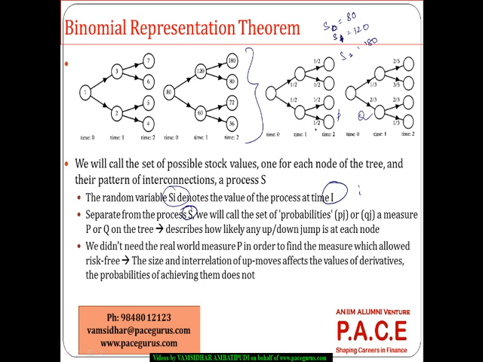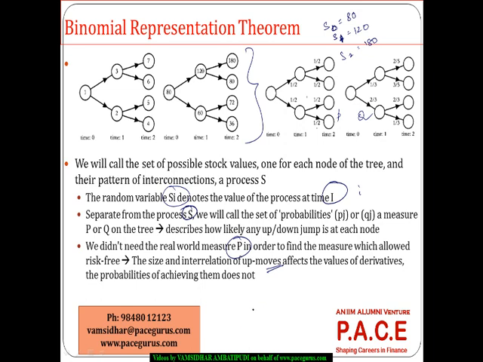And here, whether I take this or this, we did not need the real world measure P in order to find the measure which allowed the risk free. We really don't need it. The size and the interrelation of the up moves affect the values of the derivatives.